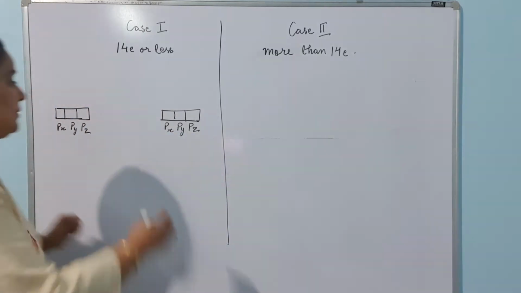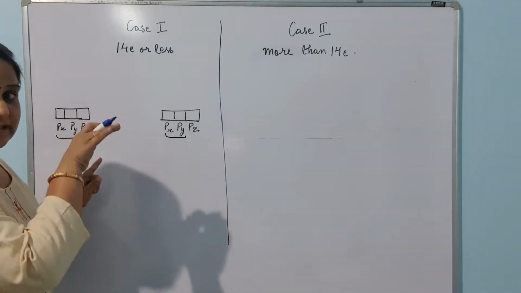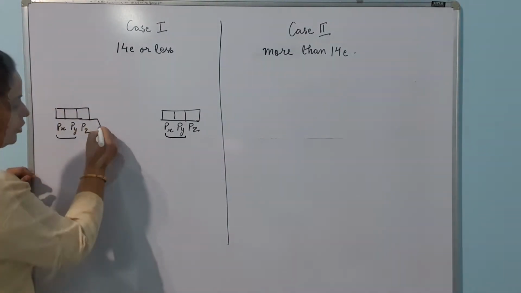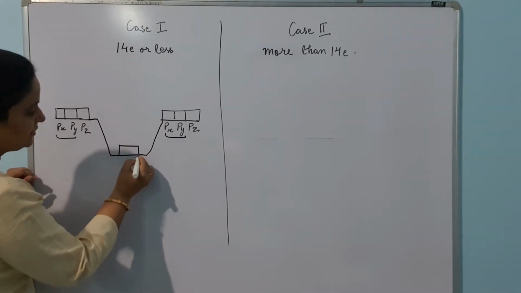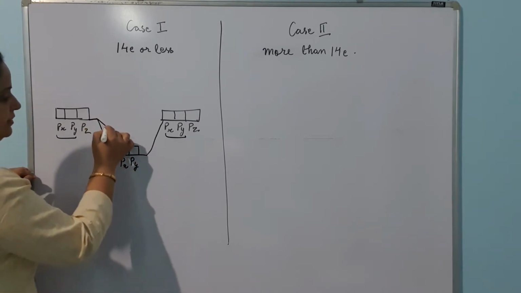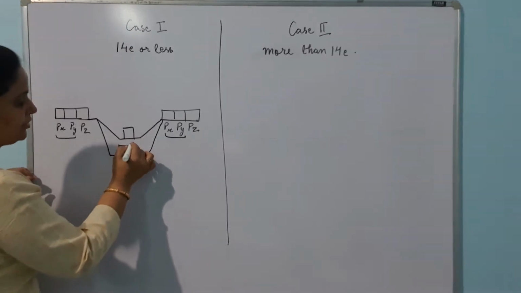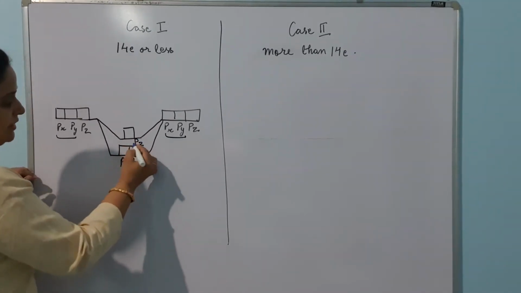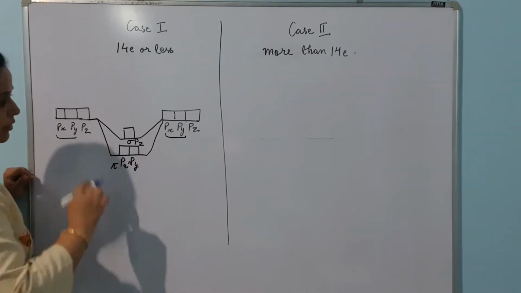We know that px and py will have the same energy level, so they will combine and remain on the same energy level. How are we going to show them? Like px, py, and what is left? Pz. So pz will make sigma, and px, py will make pi and pi orbital.